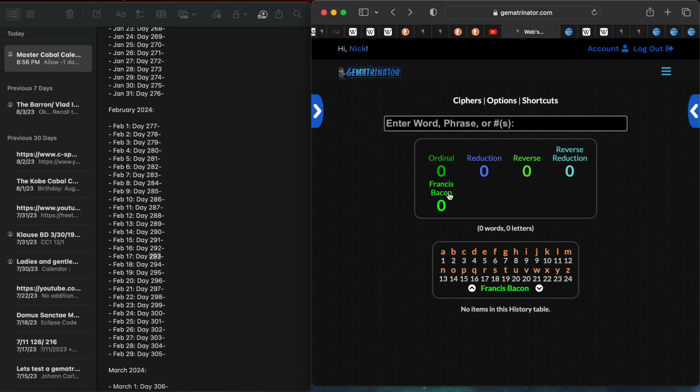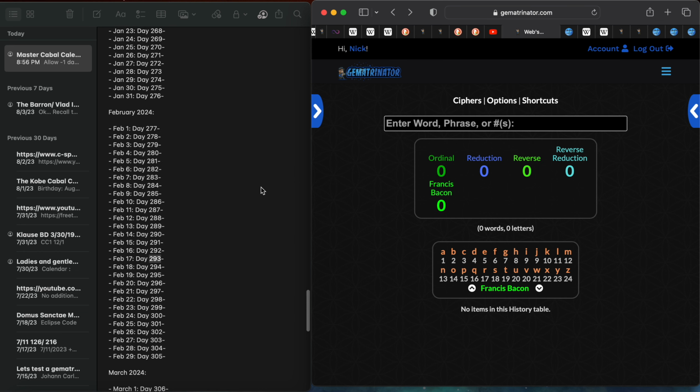I would highly, highly, highly recommend it. You can go to the old Gematriator and get the formula and then transpose your formula over into your own account. That way you have your own special calendar. I would highly recommend Francis Bacon, as it's turning out to be quite the one that the Cabal folks like to use.